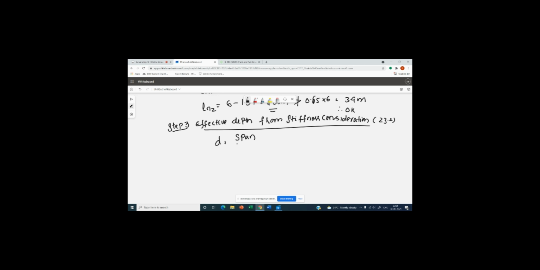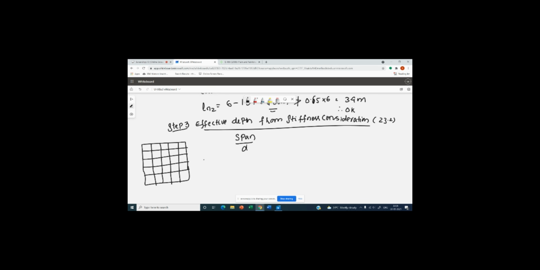Our slab is a continuous slab. It has interior panels and exterior panels. You can see in this figure, if I draw 5 panels in this direction and 5 panels in the other direction, we are designing an interior panel.